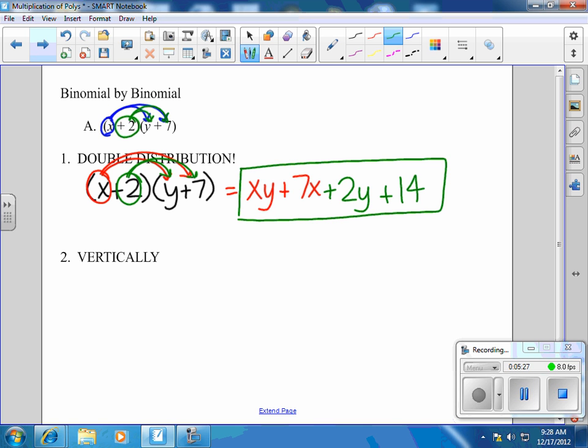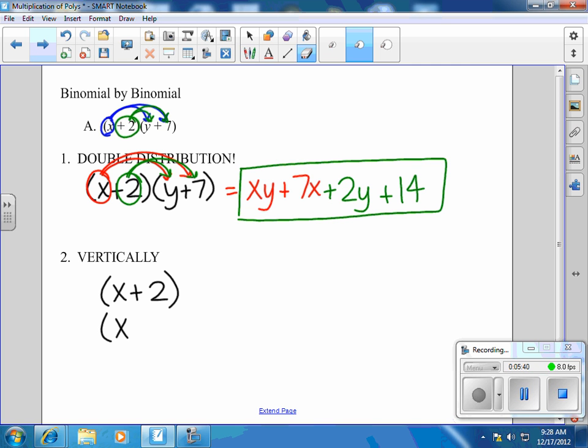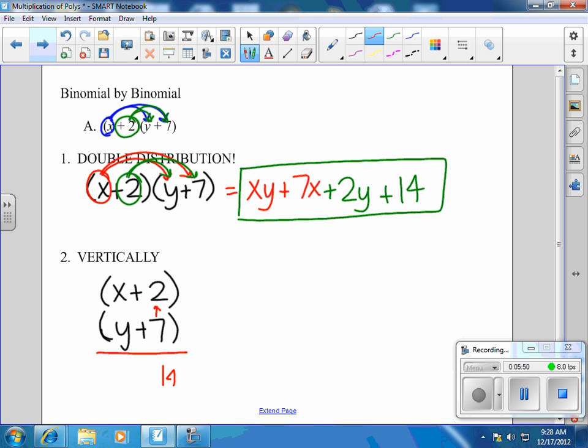If you like that way, that's fine to do everything that way. It will always work out. But vertically is another option. We can set these two things on top of each other and multiply like we do back with just numbers. So we can do 7 times 2, which will give me 14.